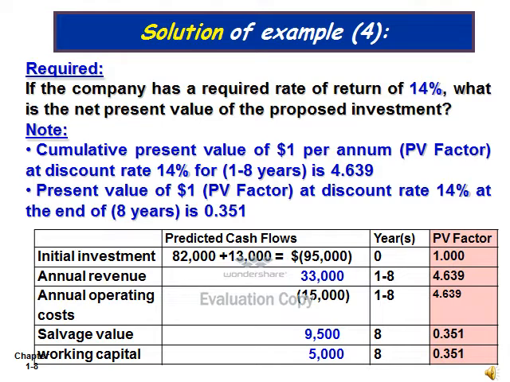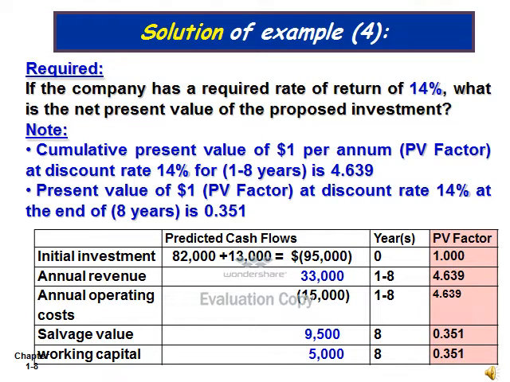The cumulative present value of $1 per annum at discount rate 14% for 1 to 8 years is 4.639. That means if you get $1 from now to 8 years, the cumulative present value of $1 will not be $1, it will be $4.639.